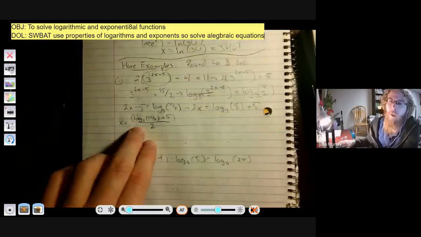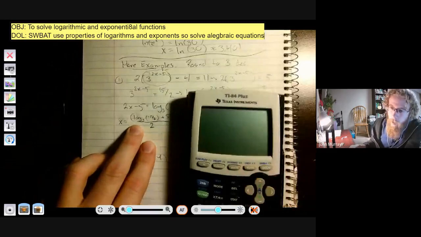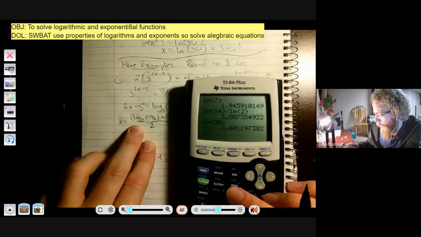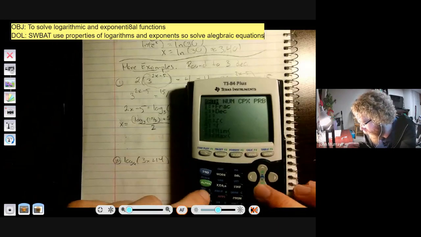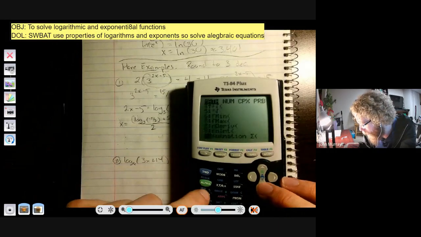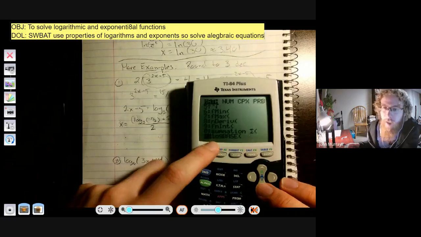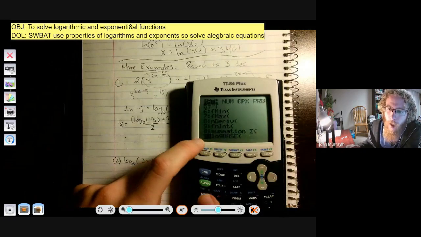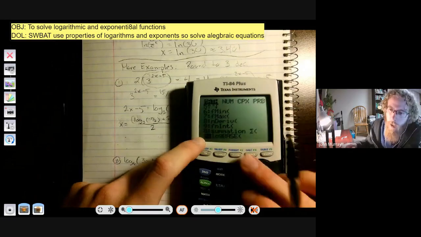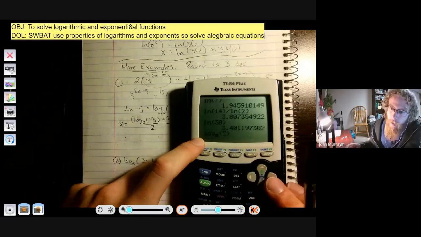Okay, so real quick, I'm going to calculate this on this calculator, just so we have a reference number. If you're dealing with a graphing calculator and you hit the math button, you have all these different options, and you can pick the log base.